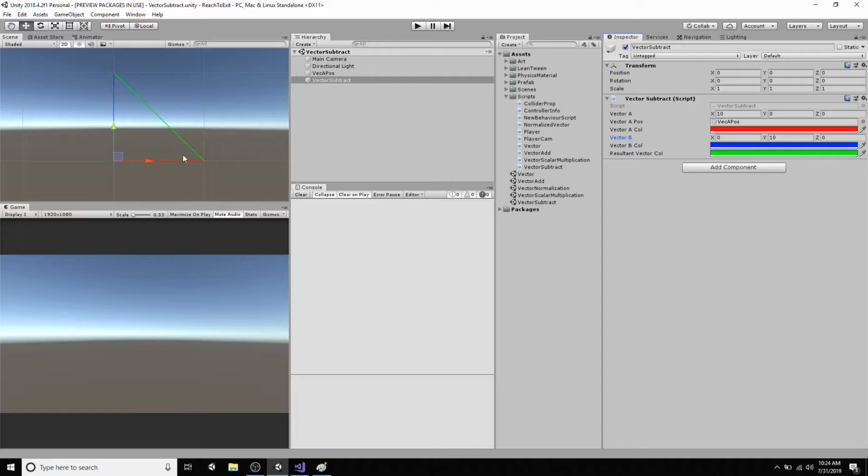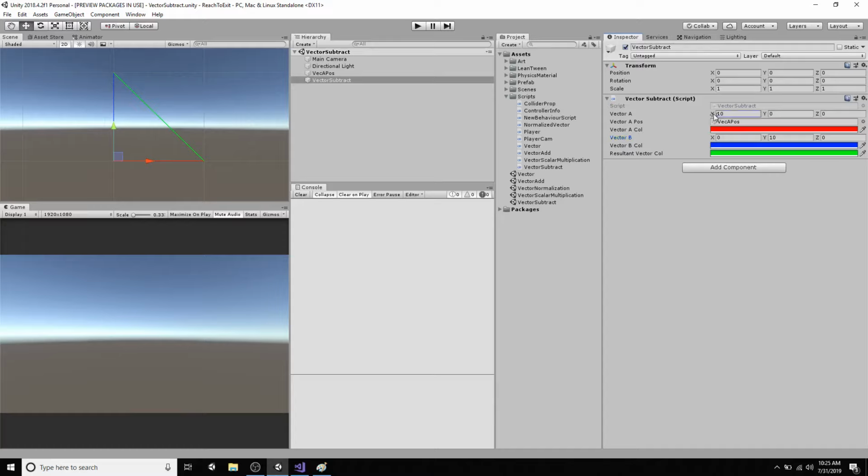In this case this resultant vector's tail points to the red vector head, and the resultant vector head touches the blue vector head. So this is what vector subtraction is all about.